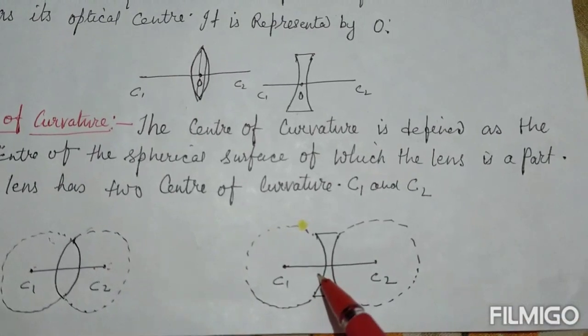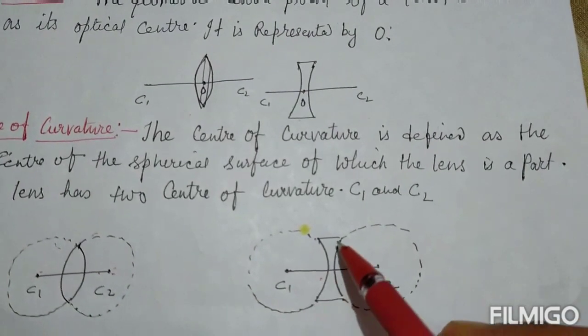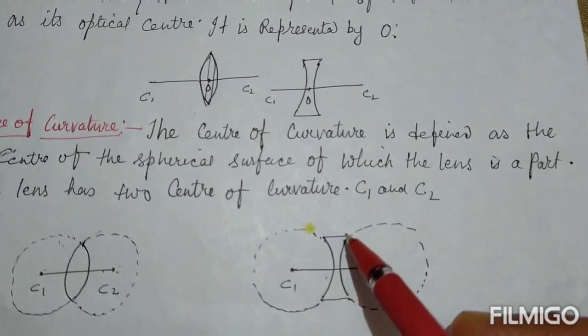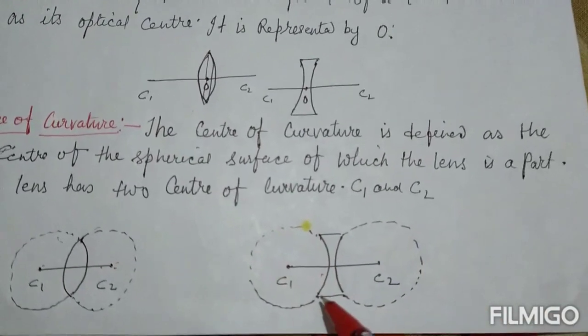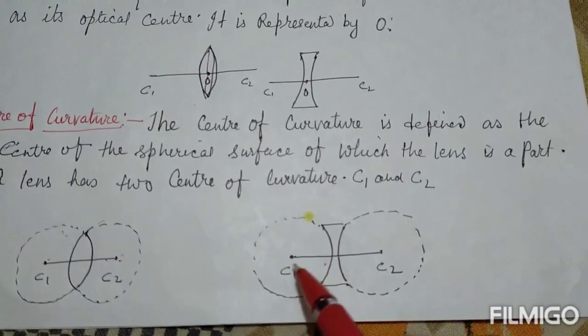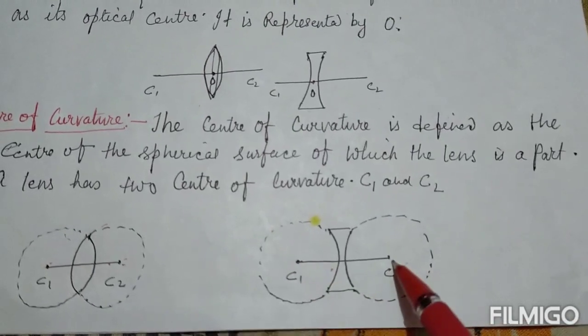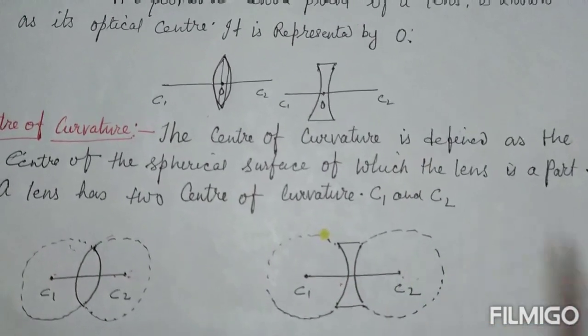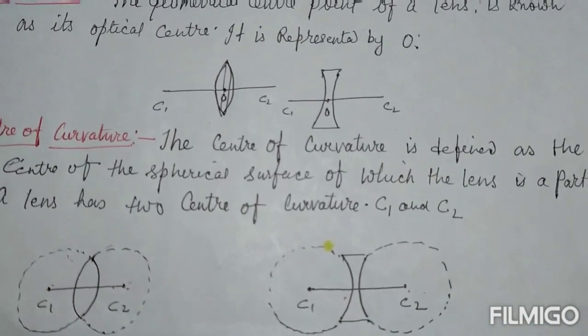Similarly, this concave lens is a part of two different spheres, as you are seeing in the picture, and two different spheres have two centers of curvature. So a lens has two centers of curvature.